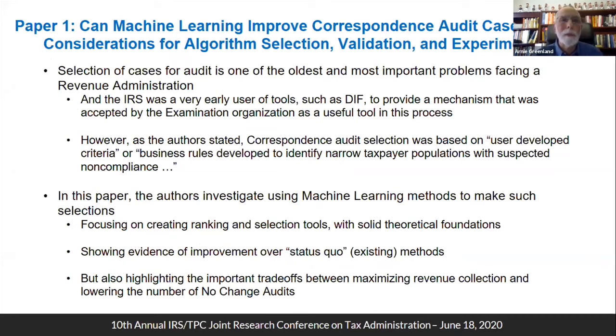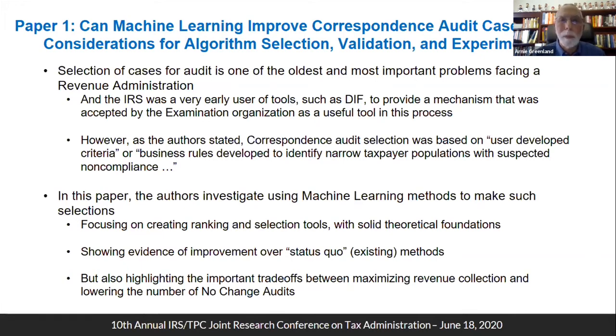And the problem goes back to a very old one. Selecting cases for audit goes back in the IRS to certainly the 60s, where the DIF formula was first developed and was very innovative, frankly, at the time, and still amazingly does quite well. But as the authors of the paper pointed out, correspondence audits are selected in a different way.